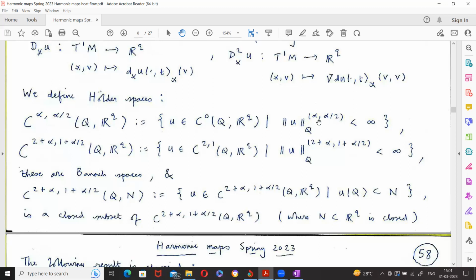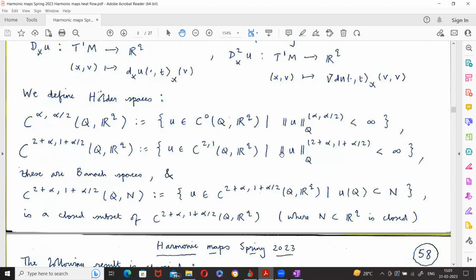Okay. All right. So this space is rather straightforward. And the other space is C^{2+alpha, 1+alpha/2}(Q, R^q). So that will mean functions which are C^{2,1} from Q to R^q. So 2,1 means it's C2 in the space variable and C1 in the time variable. Okay.